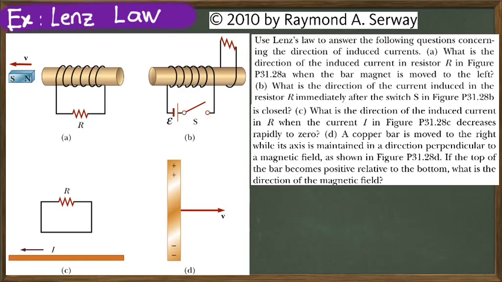What does the right hand say about charges moving in a magnetic field? What is the expression for the magnetic force on a charge Q which moves with a velocity v inside a magnetic field B? Formula. Q times V cross B, cross product.